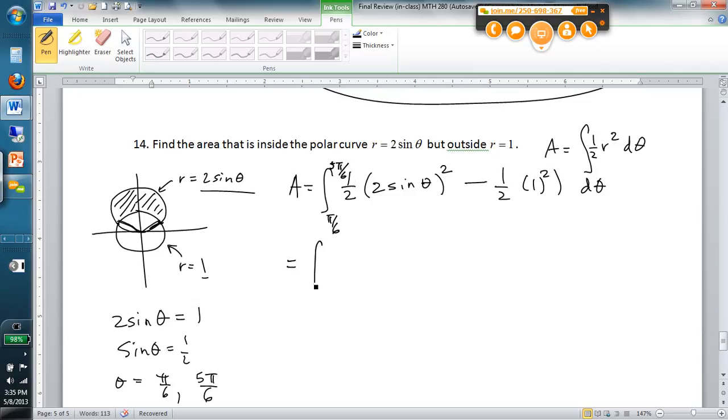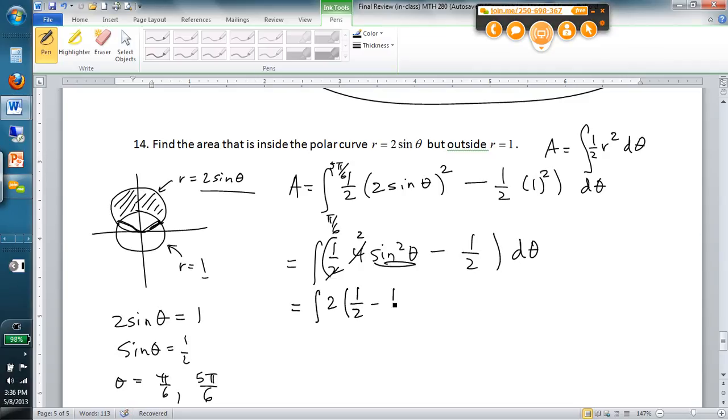All right, so that's going to be 1/2 of 4 sine squared minus 1/2. So that's going to be 2 sine squared. What am I going to do with that? Well, that's the old double angle again. So I have 2 times the sine squared, which is 1/2 minus 1/2 cosine 2 theta.